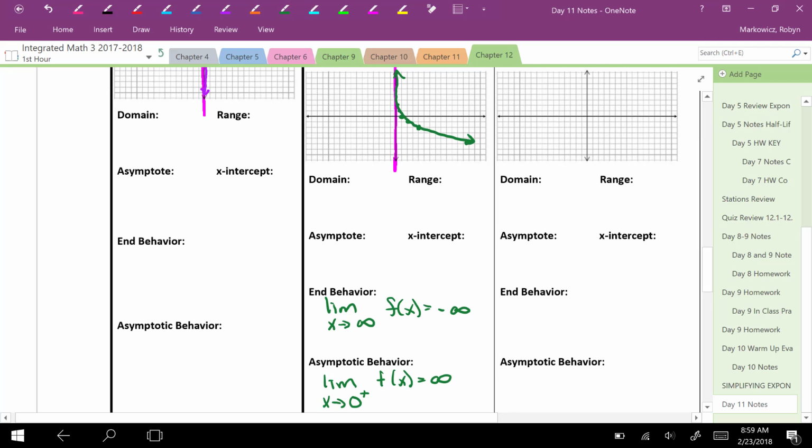If that confuses you guys, you can always remember, you're going to have to fill in your domain and range on the graphs. Domain is here. Look at your range. If you know one side, you can see, oh, well, this side's clearly going up. Are both sides going to be going up for a log?